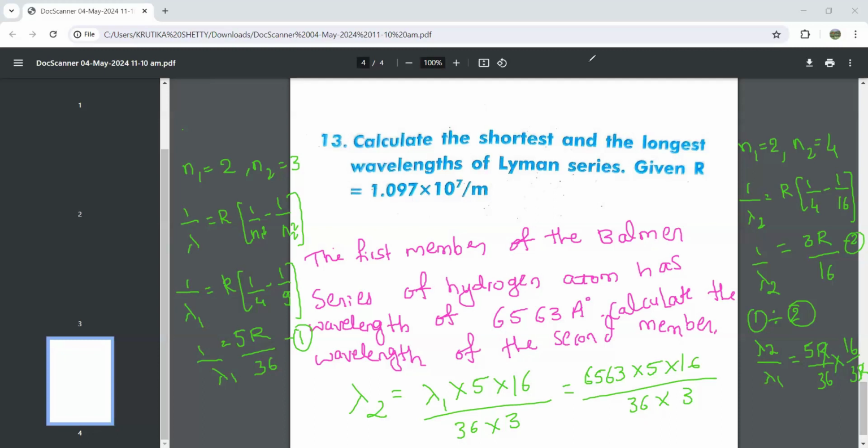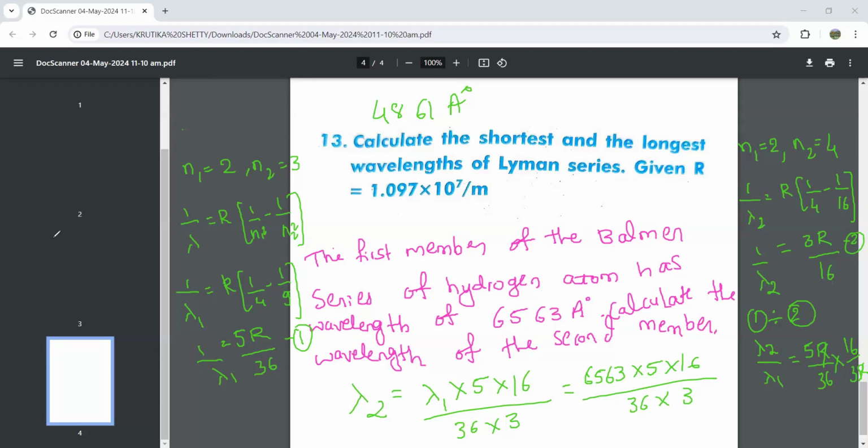It is 4861 angstrom. Everybody got the answer. Your answer is 4861 angstrom. After the decimal you may get some values like 0.123, so just check. It is 4861 angstrom. Yes, completed everyone?